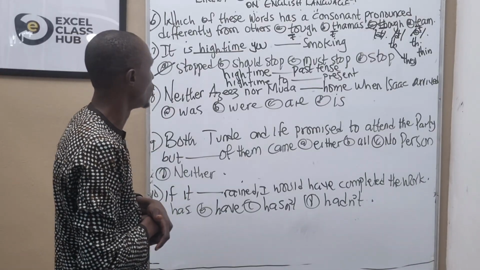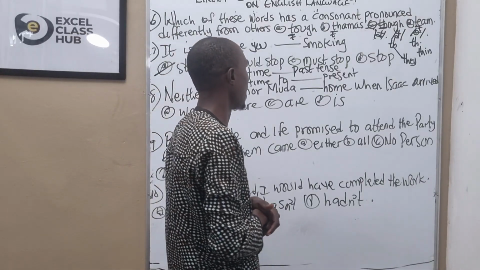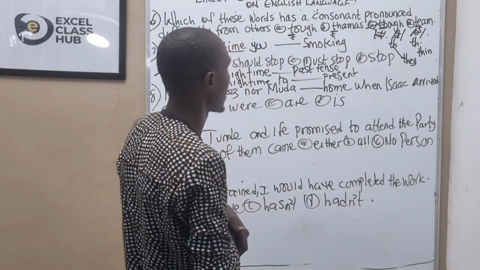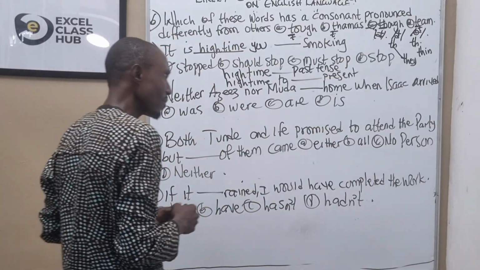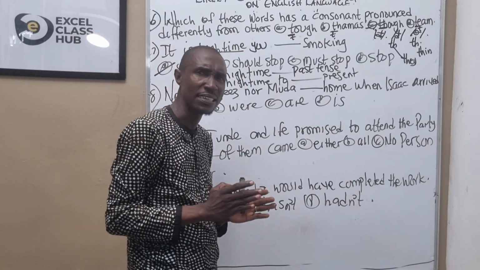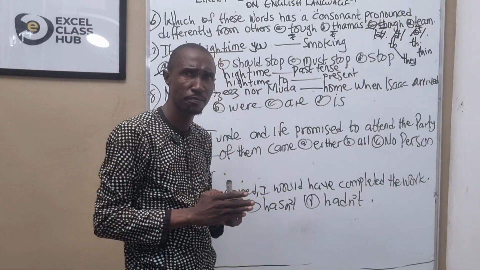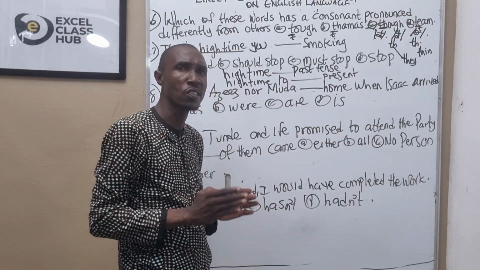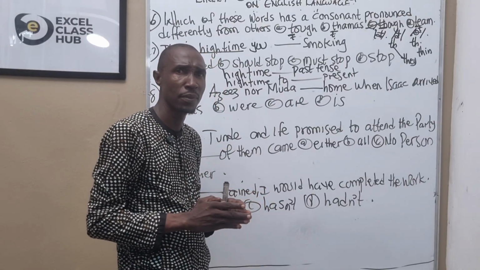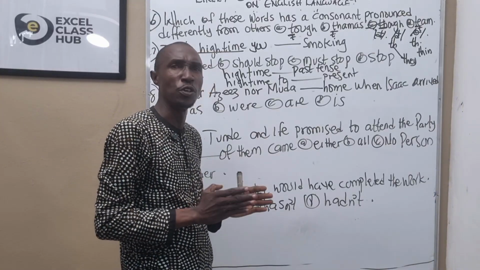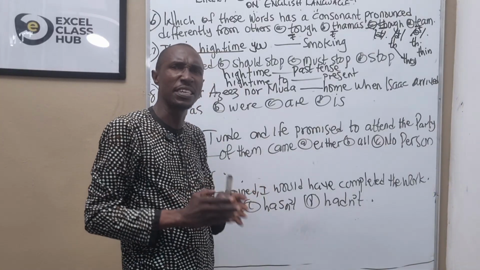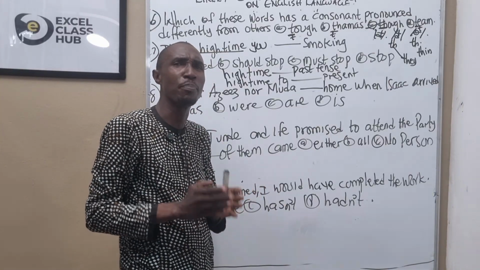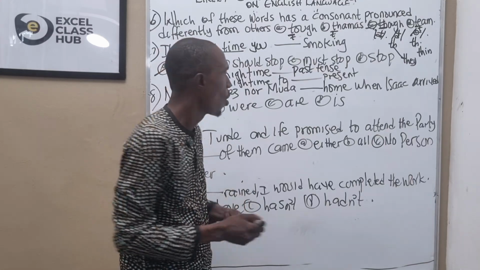Number 8. Neither Aziz nor Muda dashed home when Isaac arrived. There are certain words that are called collocations. Collocations are part of grammar. If you use a word without the other, the sentence becomes meaningless.